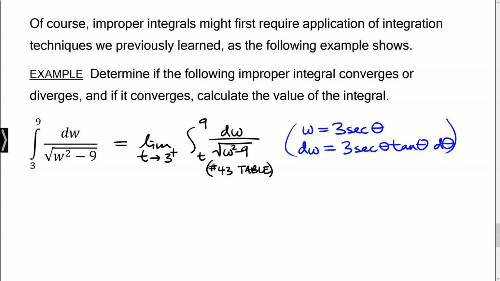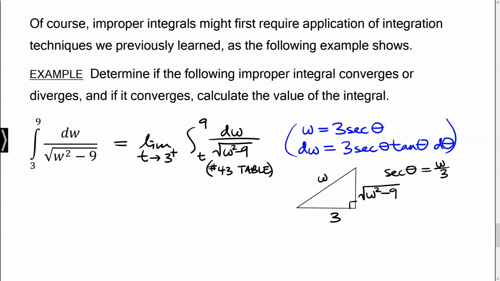All right. And we have to draw a triangle for this. So here's my triangle. If w is 3 secant theta, that means secant theta is w over 3. So that's w over 3, which makes this side length the square root of w squared minus 9, which is the expression we have there. So good, that matches.